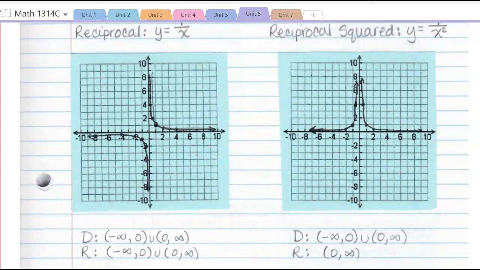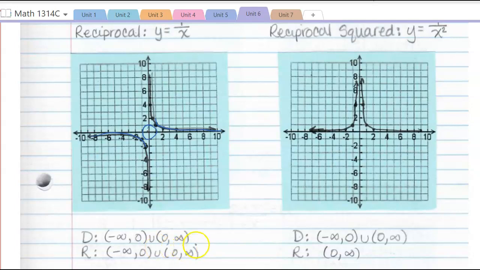The next thing we should be able to do is to determine the domain and range for each one. Again, this information may be found on your parent functions page. But I just want to remind you that we can take a look at our graph and see that we have graphs for negative numbers, we have graphs for positive numbers, but we do not have anything when x is equal to 0.